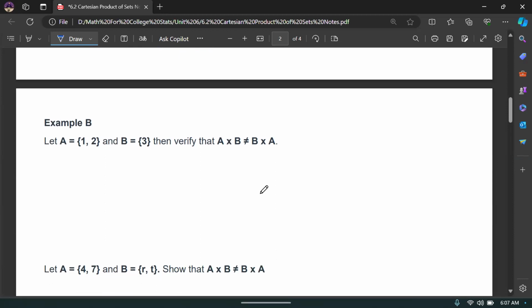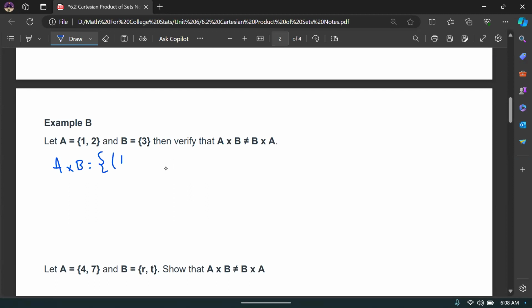All right. So let's start with A times B. Now notice you have 2 elements here and 1 element here. So 2 elements times 1 element means, well, 2 times 1 is 2. So we should have 2 ordered pairs here. Just an FYI.